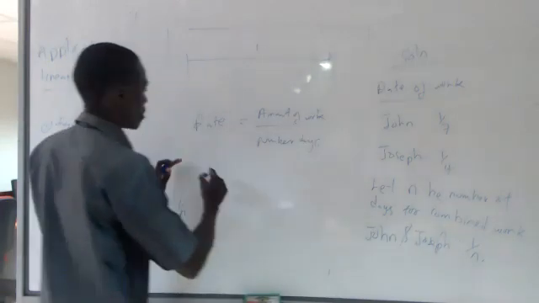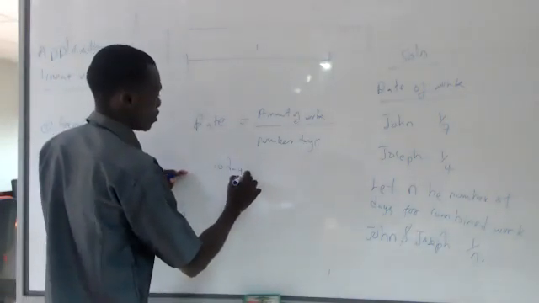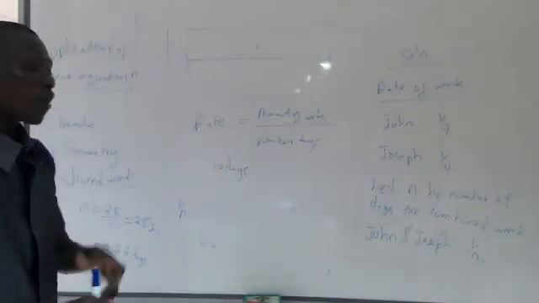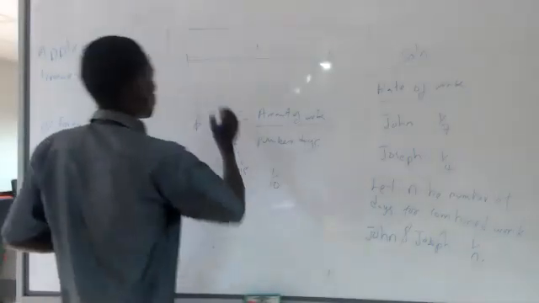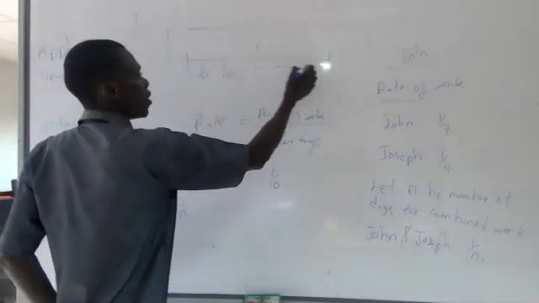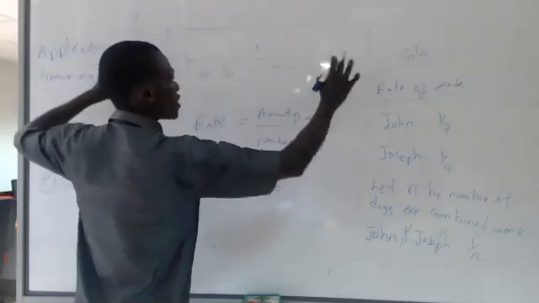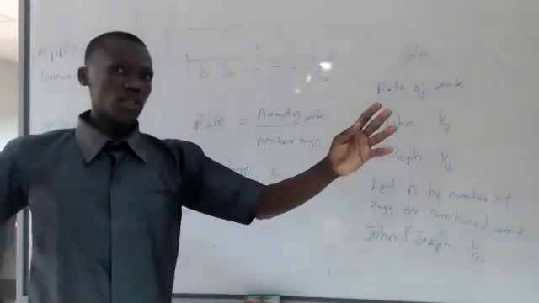So if someone takes, let's say, 10 days to complete this piece of work, then their rate of work is simply the work per day, which is 1 divided by 10. So in the first day, they will do 1 over 10, second day, 1 over 10, all the way to the 10th day. So that after 10 days, it is 1 over 10 times 10, 1, which means the whole work is accomplished in 10 days.